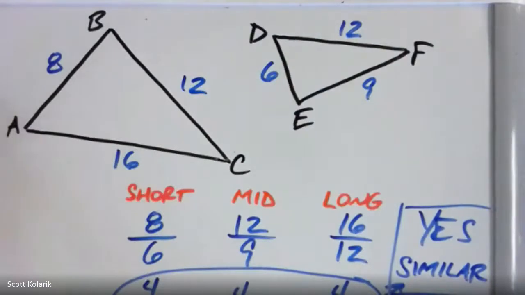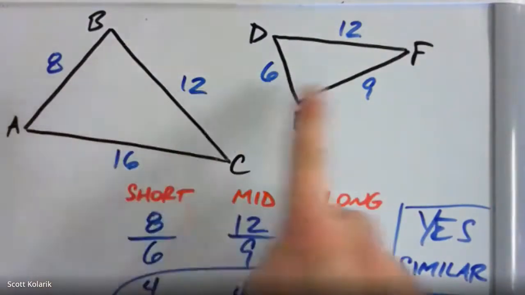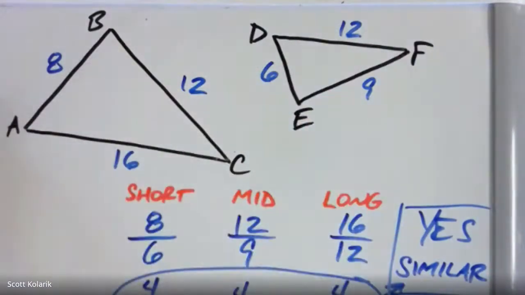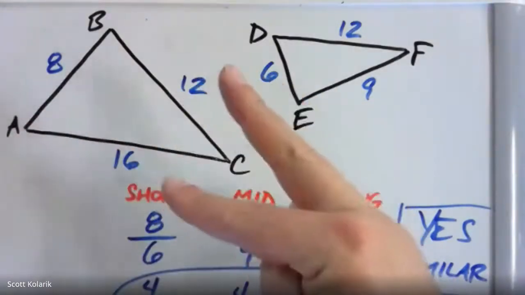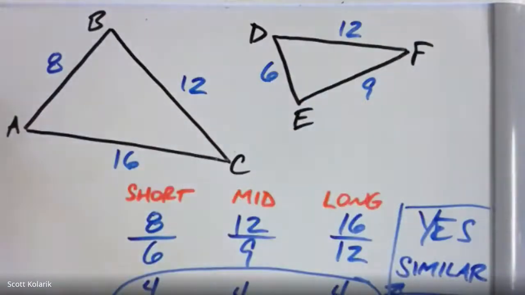If I wanted to switch directions, I would simply take the reciprocal of that k. In other words, my scale factor that I found here was 4/3. If I wanted to figure out what about a minimization from ABC to DEF, I would simply flip that fraction, and 4/3 would become 3/4. The number would be smaller, and that would represent a minimization. Great. So that's that one.